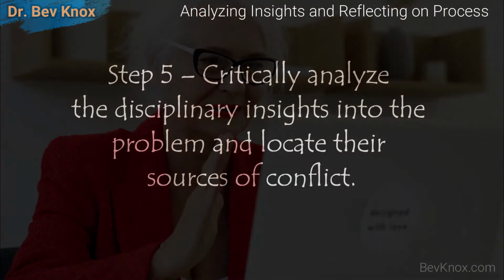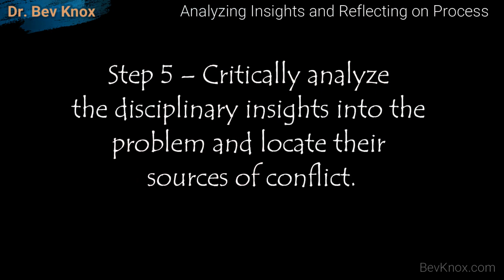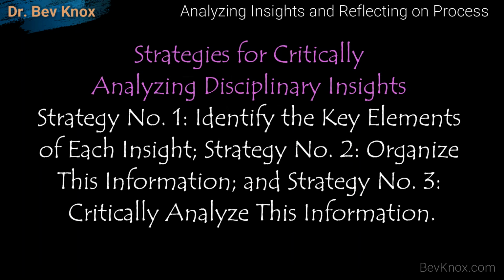So, step number 5, critically analyze the disciplinary insights into the problem and locate their sources of conflict. Strategies for critically analyzing disciplinary insights include strategy number 1, identify the key elements of each insight.